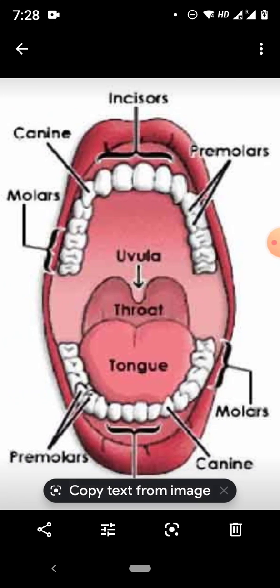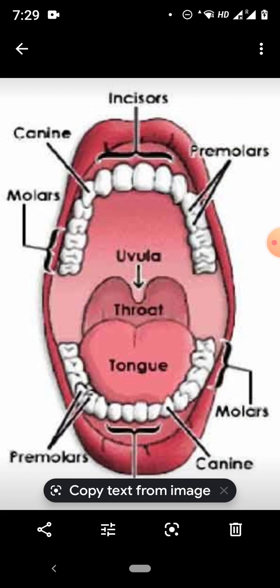So next is about the teeth. Children, as you know, the teeth help in breaking down the food into simpler form. Before that, I will tell you there are 2 sets of teeth. One is the temporary teeth and the second is the permanent teeth.